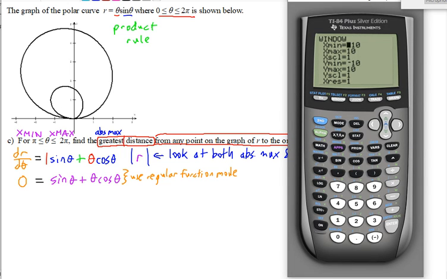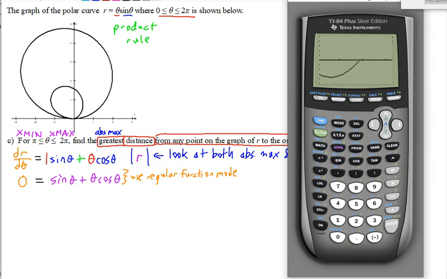So x minimum, let's make that pi. X maximum 2 pi, just converting to a decimal once you put it in. Y min and max, we just have to make sure zero's in between there. So to zoom in a little more, I'll just make it -5 to 5. And then graph it.